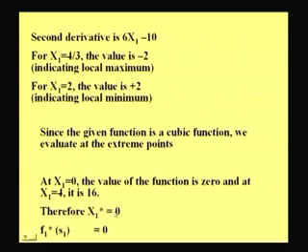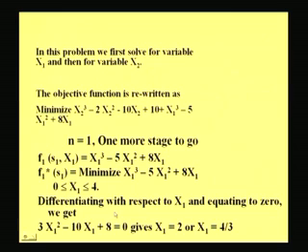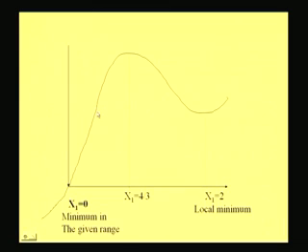Another important thing from this problem is, because this function is cubic, and as explained in this figure, it is not enough for us to restrict ourselves to the minimum and maximum found by the differentiation. It can happen, as in this example, that the extreme point or the end point x1 equal to 0 is actually the minimum, while the local minimum x1 equal to 2 gave a higher value of the objective function.